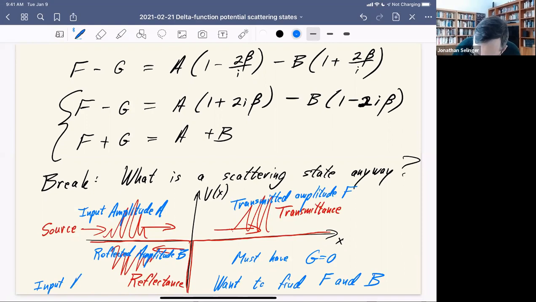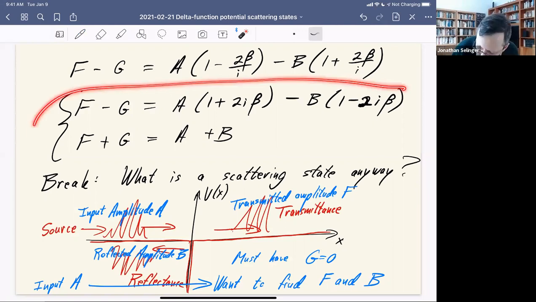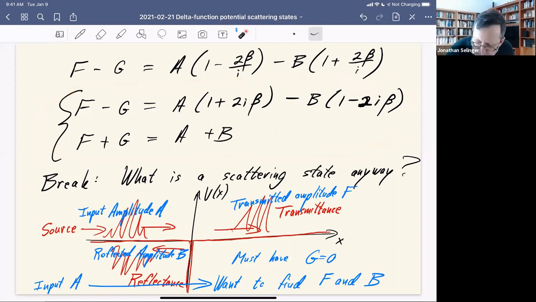We input A, and we want to find F and B with the assumption that G equals 0. So if we put it that way, then we have these two equations up here, and we're going to put in G equals 0, and we want to solve for F and B in terms of A.